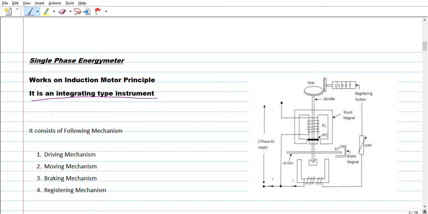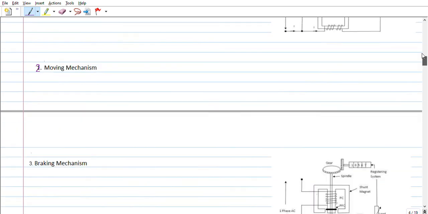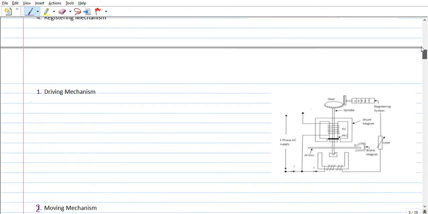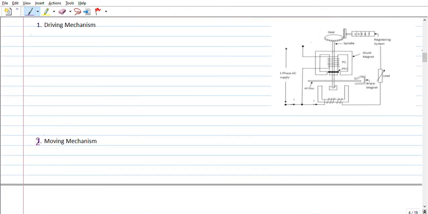In the figure, first, what is meant by driving mechanism?